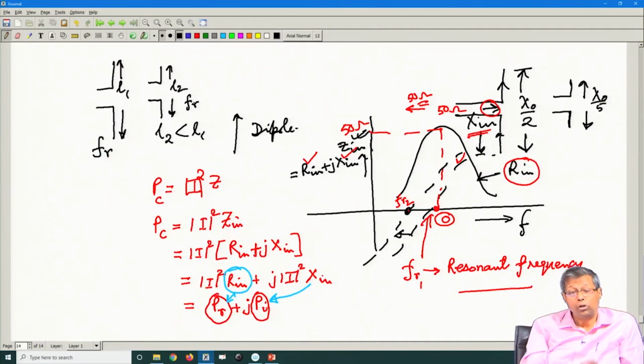You will say that because this antenna is smaller and the resonant frequency is the same.